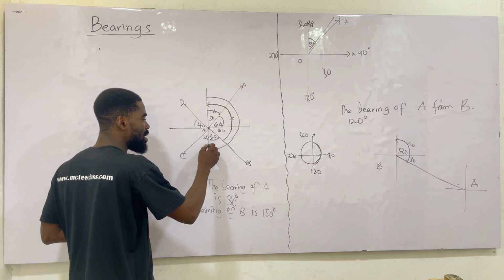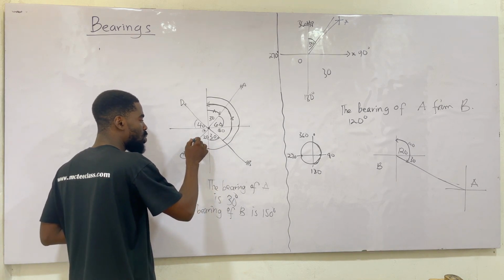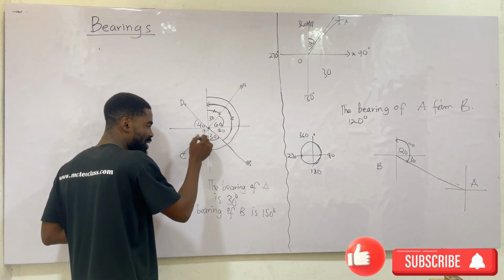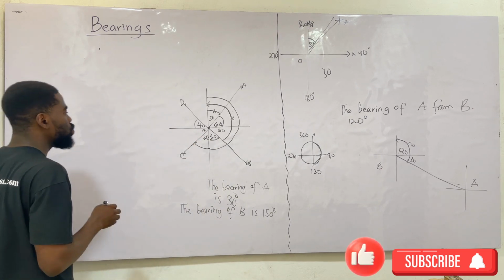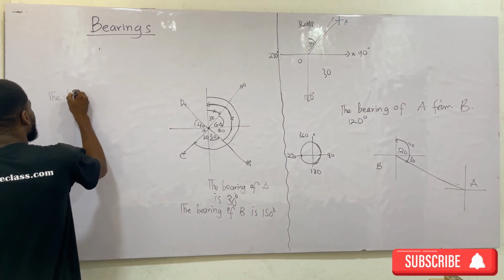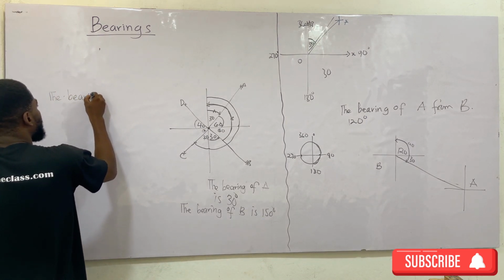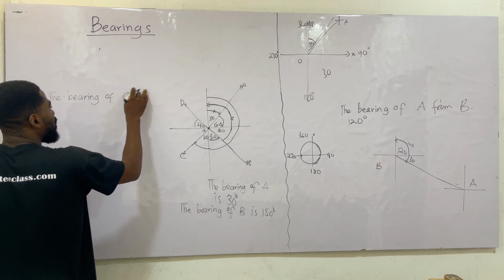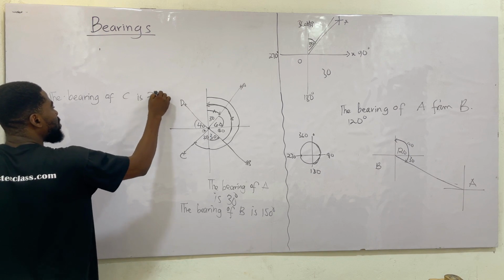I'll move 180 and I'm still not there. Then I move this small angle and now I'm on the path. But it is 180 I moved so far plus the 20. So that gives me what? 200. Therefore, the bearing of C is 200 degrees.